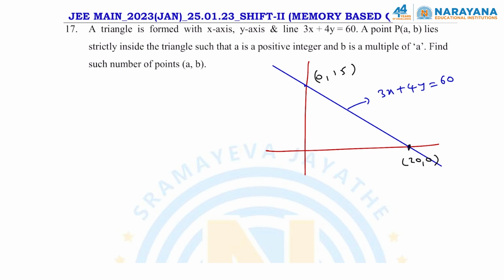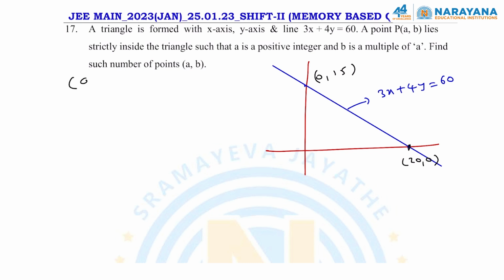So what he is asking is the points inside this triangle which have integral coordinates, and also the points of the form a comma b such that b should be a multiple of a. So let us take cases.